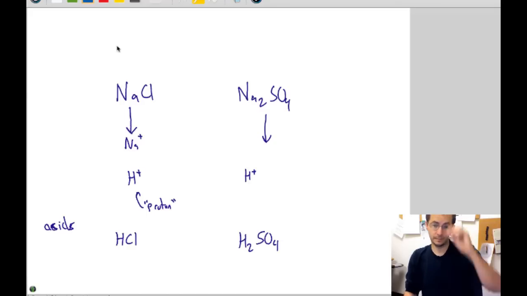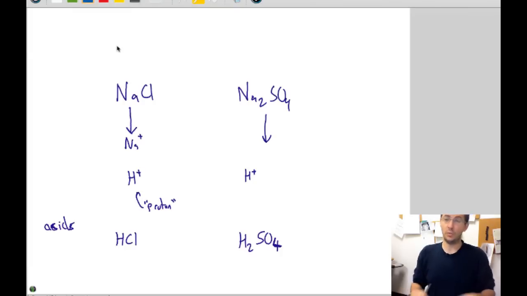H2SO4. The names of these materials, the acids, have names based upon the anions. So we focus on the anions. The type of anion that it has alters the name of the acid. The simplest acids, those generated from the element in their aqueous systems, when they're dissolved in water, we don't call these things hydrogen chloride or anything like that.